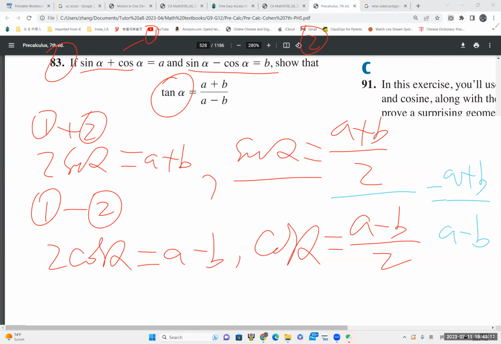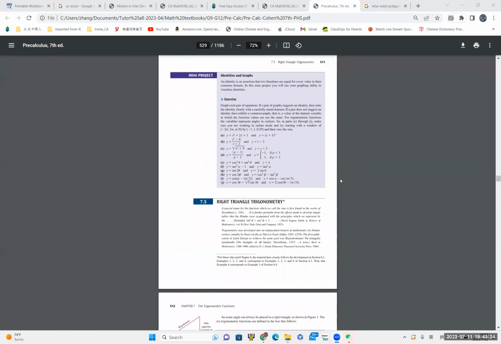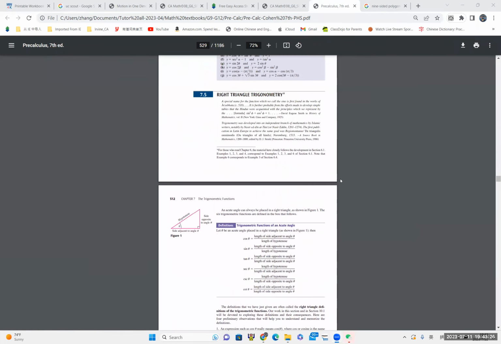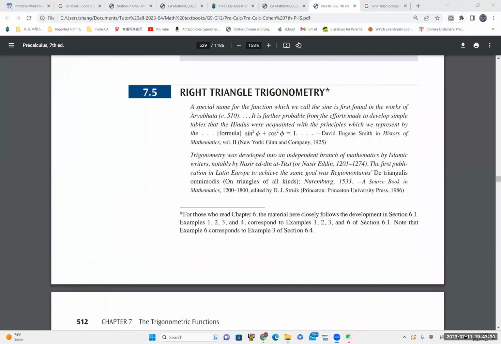Okay, let's go to the last section: right triangle trigonometry.